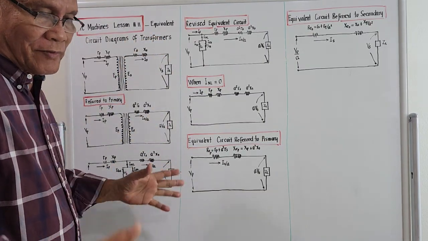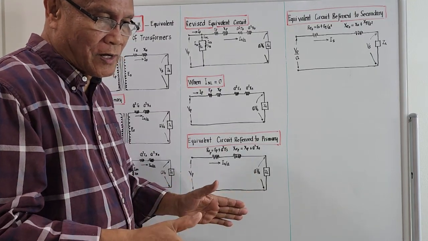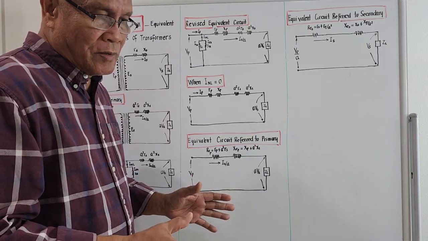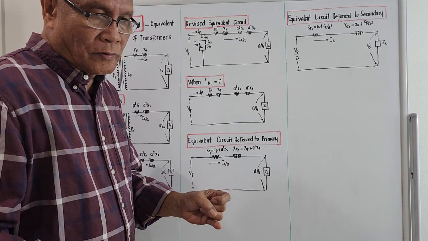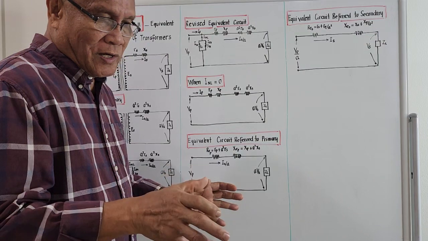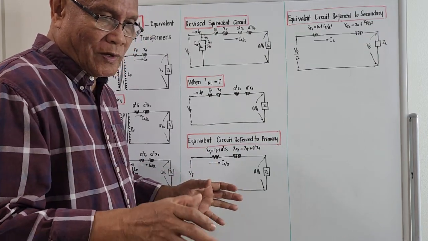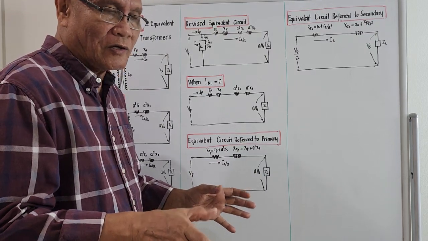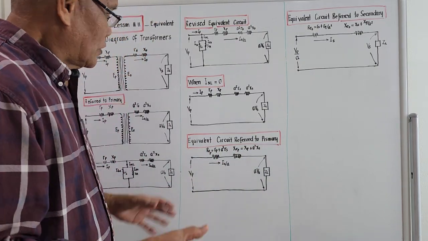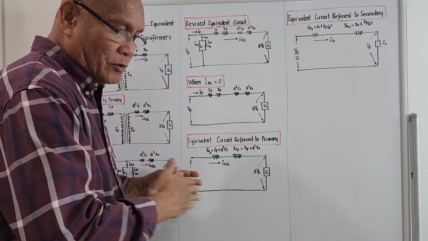Okay, the last time around, we discussed how to draw the vector diagrams of the different voltages and currents, if the transformer has no load, if the transformer has a load which has a lagging power factor, or if the load on the secondary has a leading power factor.